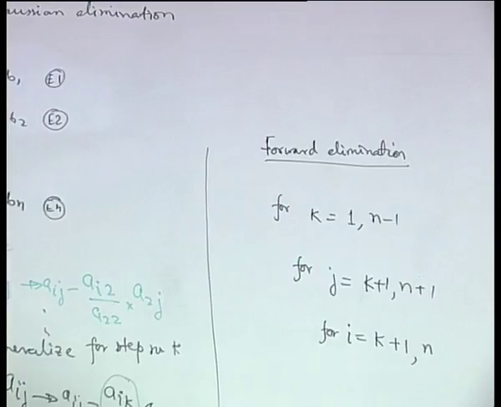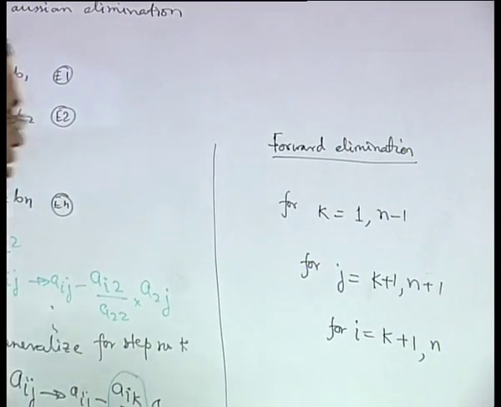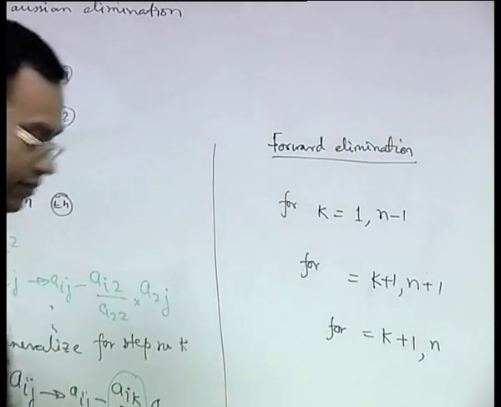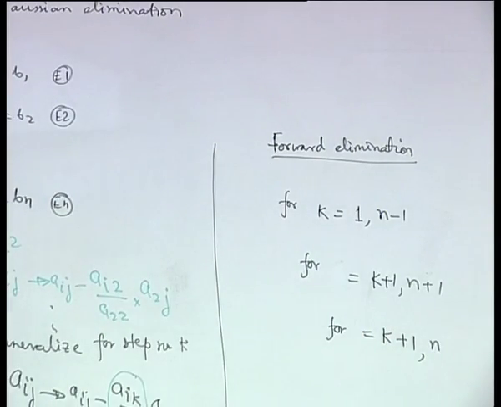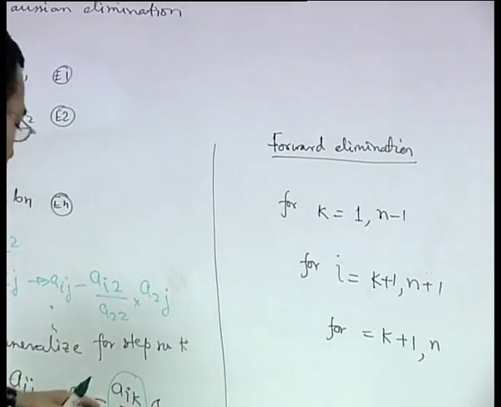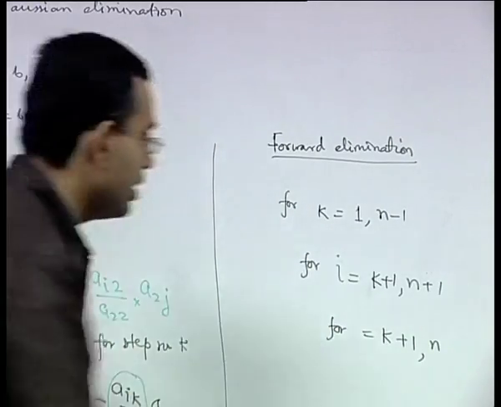So let us make a conversion of that. So let us make this j, make the first one as i, because of course n plus 1 and n, those things will change.